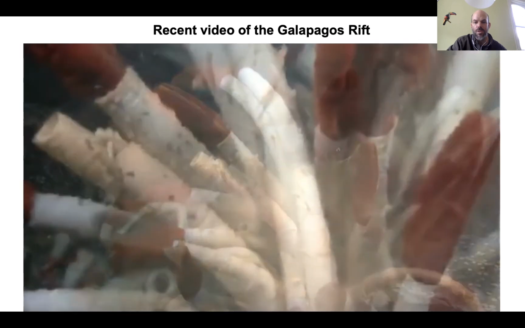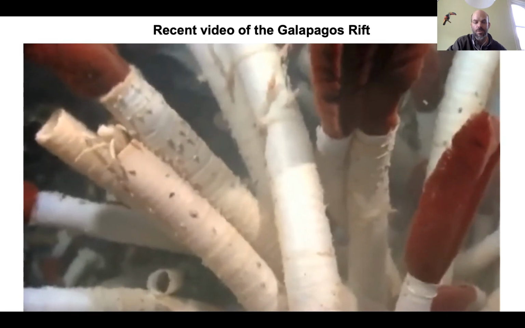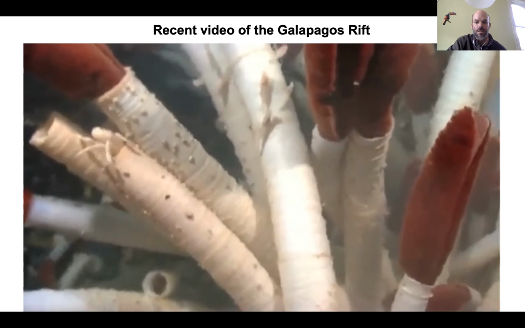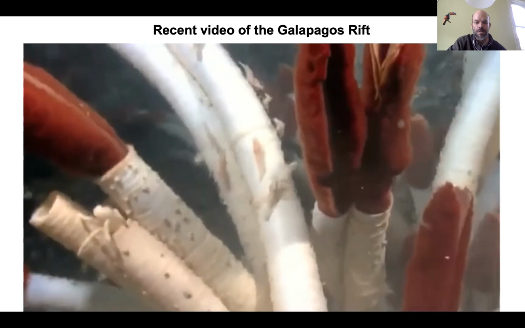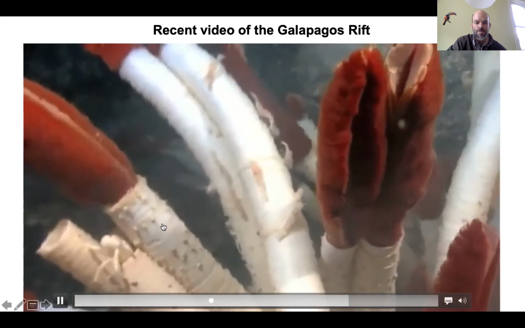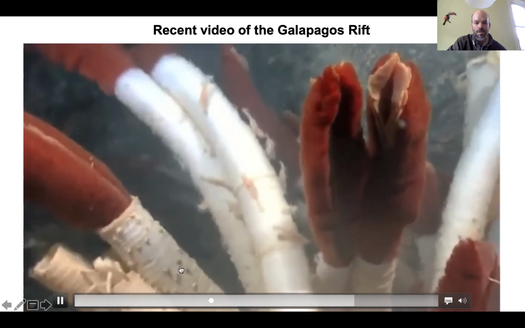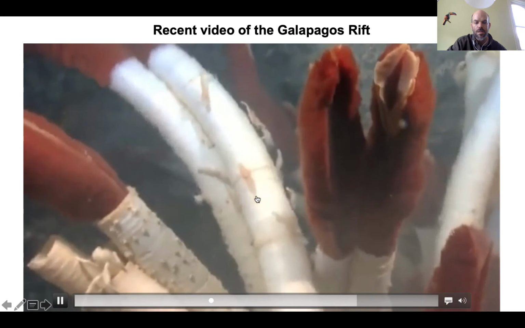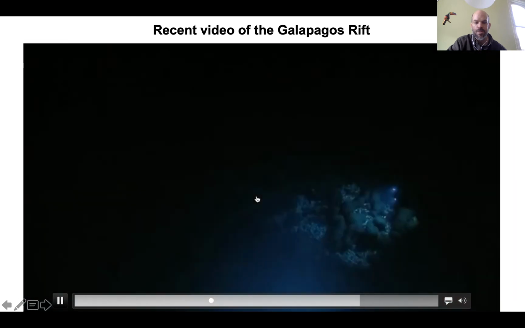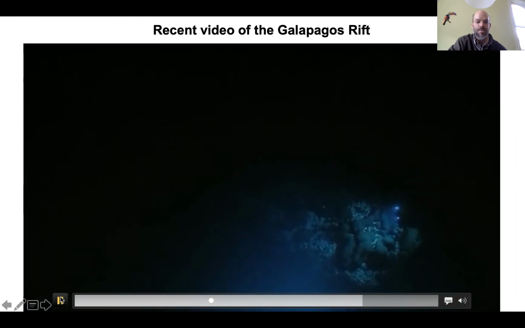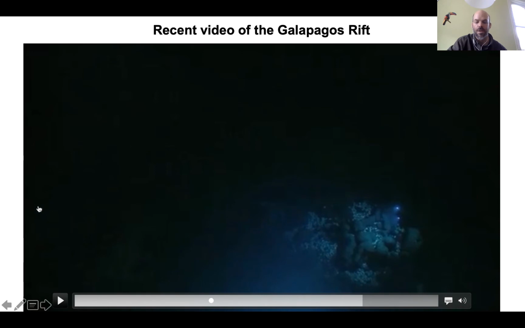And remember that these worms can get 6 feet tall, so these are human-sized worms. So, another close-up of those worm tubes. These, I believe, are probably limpets that are growing on the surfaces of the tubes. There's the shrimp again. And this video goes on for many minutes, and I will make it available to you on Canvas if you want to watch the rest of it.